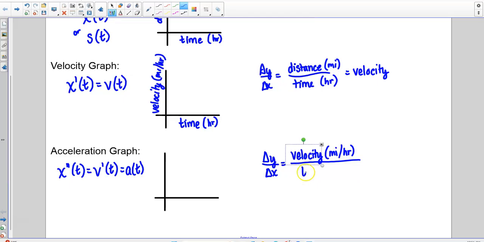And then our x is still time in hours. And that velocity over time, you're changing your velocity over your change in time, is your acceleration. And your units for that are miles per hour per hour. Or miles per hour squared.